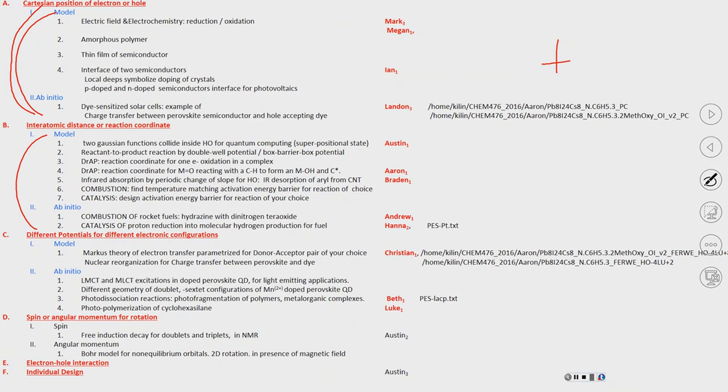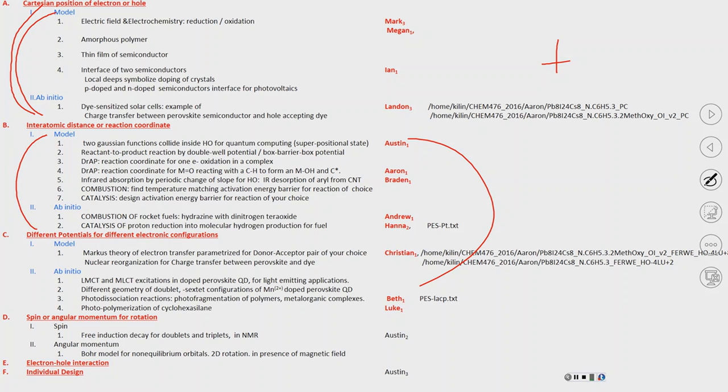For the rest of the projects, the design of the potentials is either your free creativity or, as an opportunity, there is a chance to get the potentials pulled from ab initio calculations.